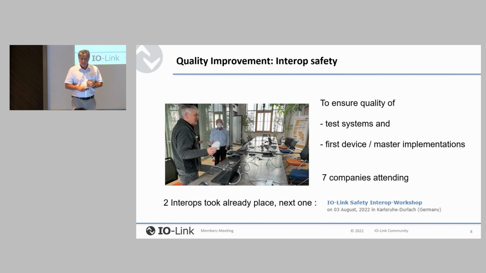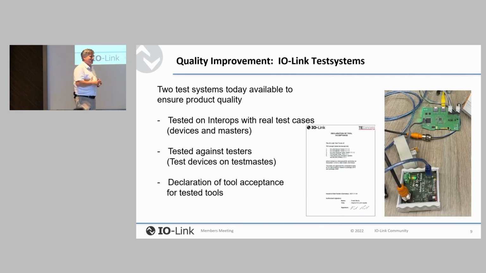Okay, and I think this brings me to one more slide. Another thing we also want to improve is the test systems themselves. IO-Link has, for the moment, 2 test systems. And these test systems also have to be tested, to see if they are testing in the right way. This is also done at the interoperability workshops, so the testers are tested, I want to say.